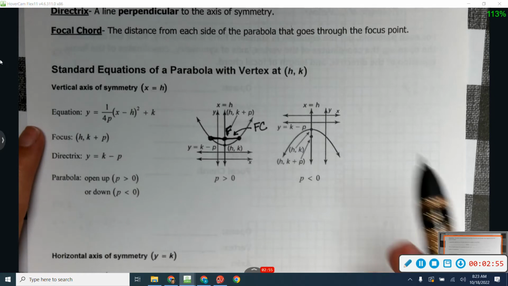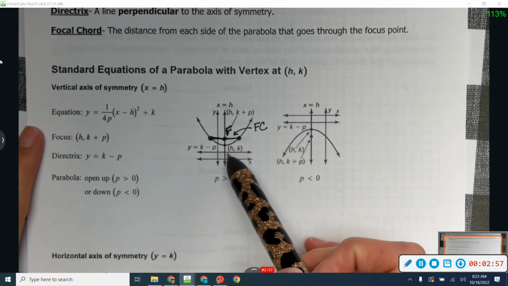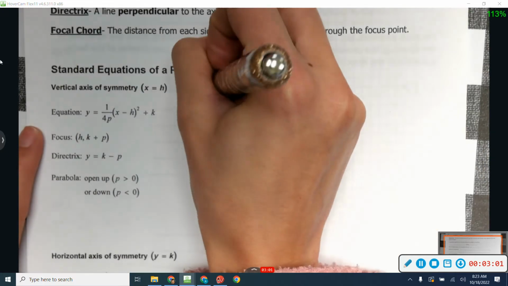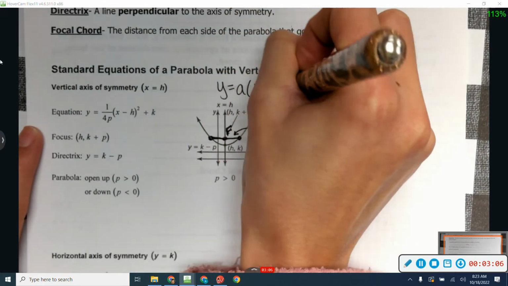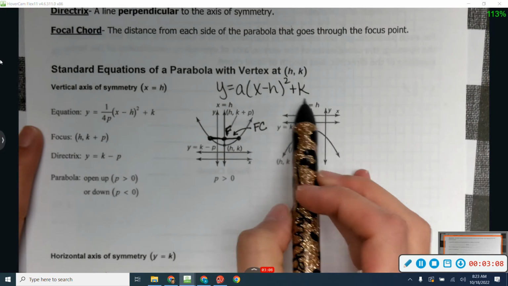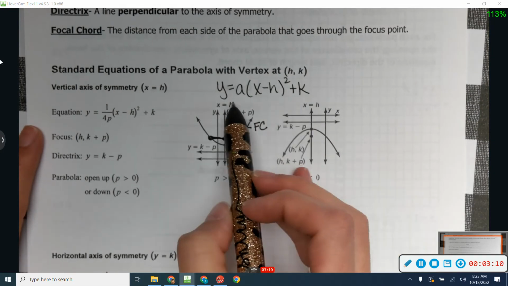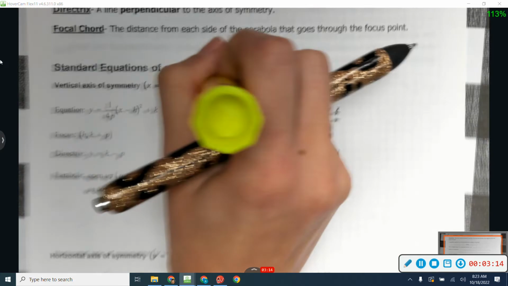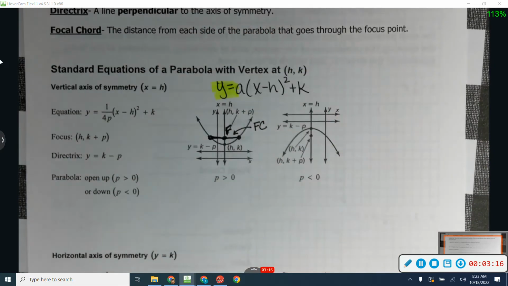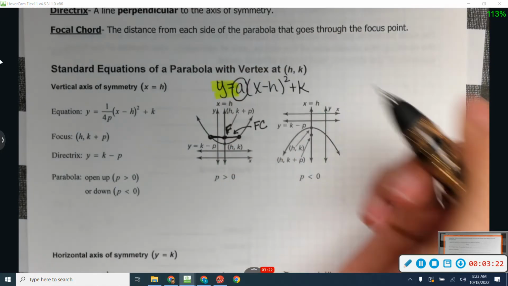Okay, for a vertical parabola, it's going to be y equals a times (x minus h) squared plus k. You know that that's vertex form, okay? The y equals is the part that makes it vertical. Now, up until this point, we just had an A right here.